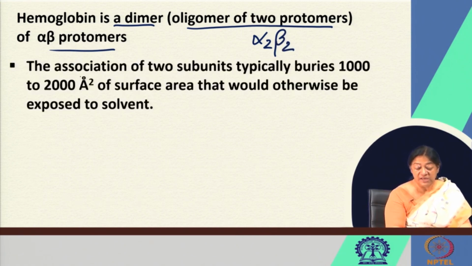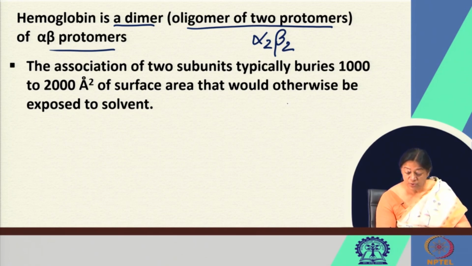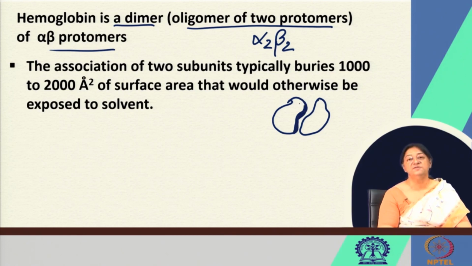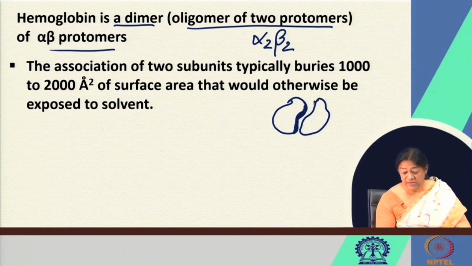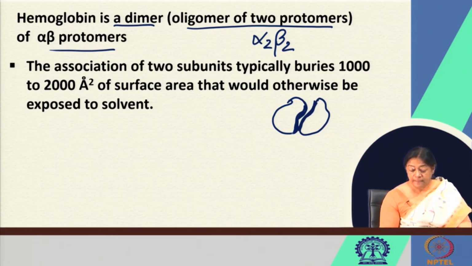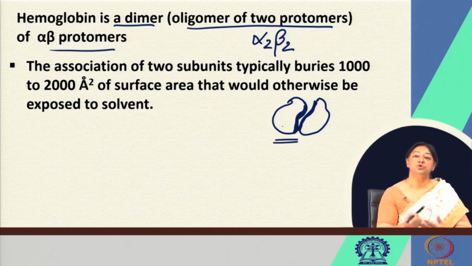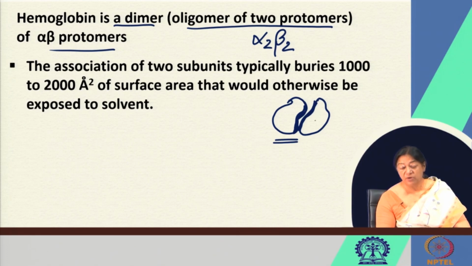Now, when we have the association, if we have a single unit that is like this and we have another unit that is like this, there is a certain terminology that we use called the surface area. If this is the surface area of that specific subunit that is lost when it interacts with the surface of another subunit, regularly in the normal case this part would be exposed to the solvent, and so would the darkened part on the other chain.